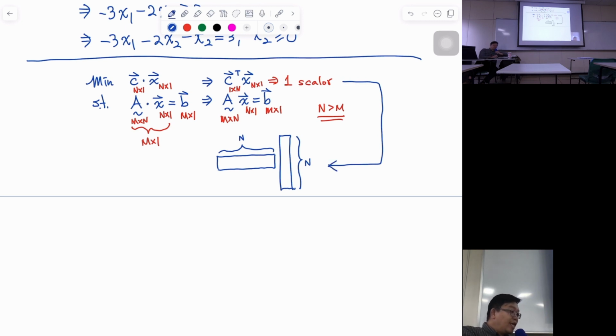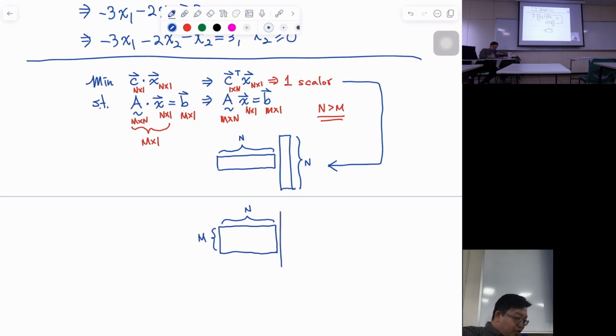How about the constraint part? Constraint is m by n. So it's gonna look like this. Here also the length is n, but over here the length is m, and m is a smaller number, so it's gonna be like a flatter matrix.